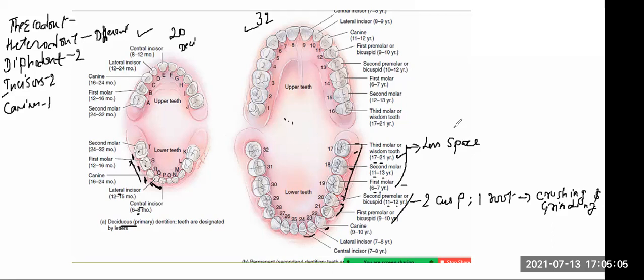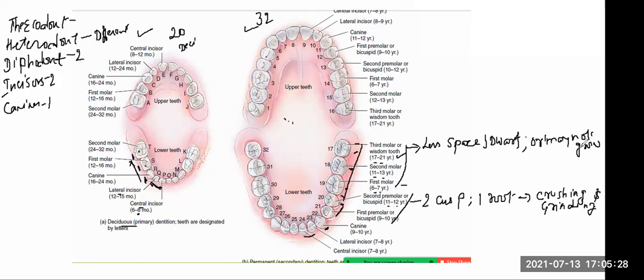In some humans it's dwarfed in size and may not develop at all.